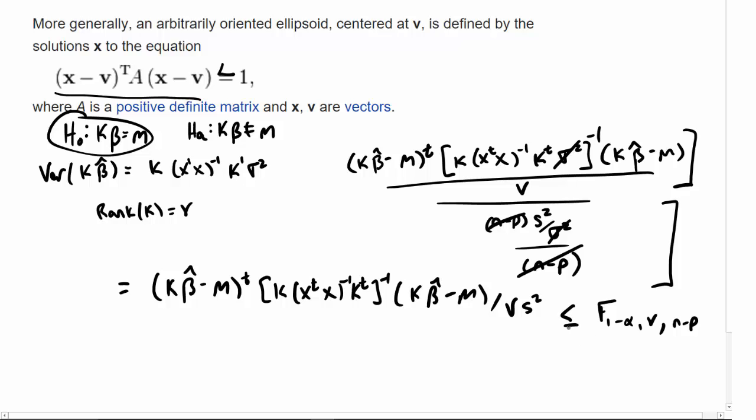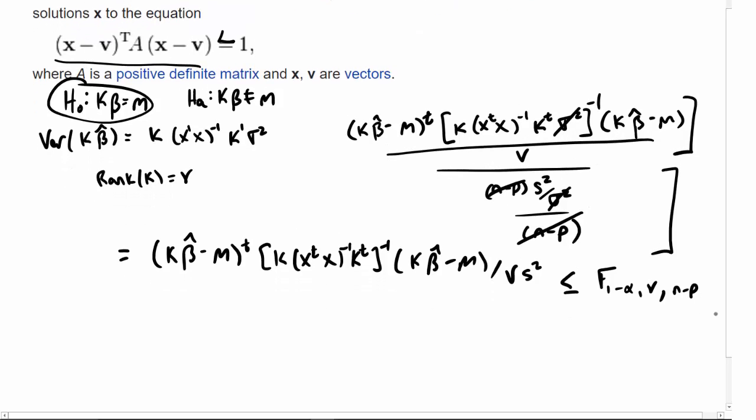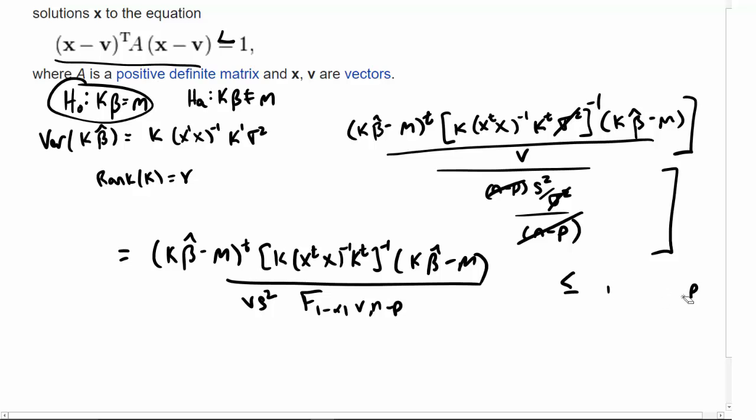Sorry, it probably should have been greater than for the other direction. Okay, so I could divide this by F(1 − alpha, v, n − p). It's already divided by v s squared, and then we get less than or equal to 1.